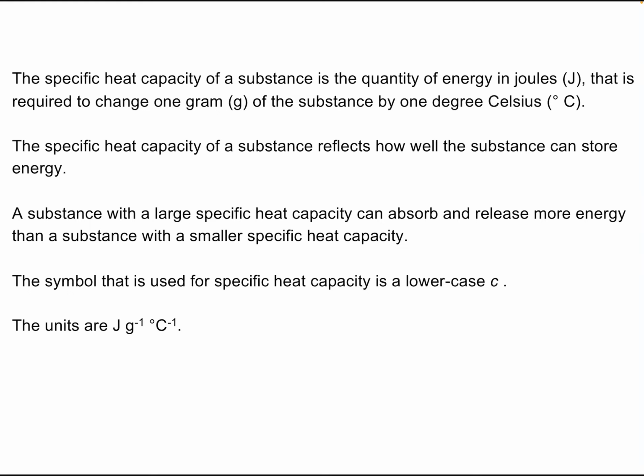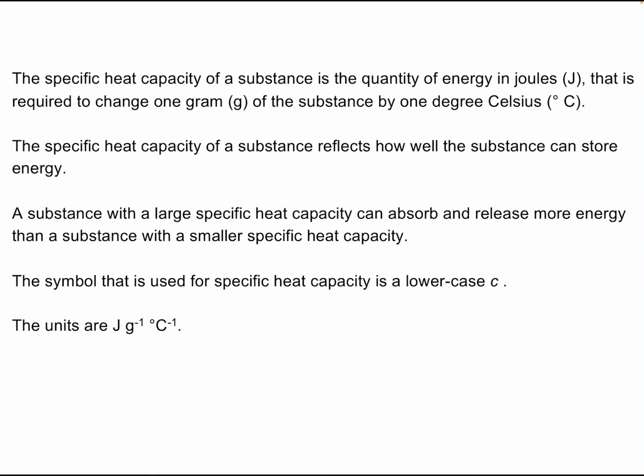So the specific heat capacity is going to be different for all substances, and it just tells you how well a substance can store energy. That's it. So if a substance has a large specific heat capacity, that means it will absorb and release more energy than a substance with a smaller specific heat capacity.